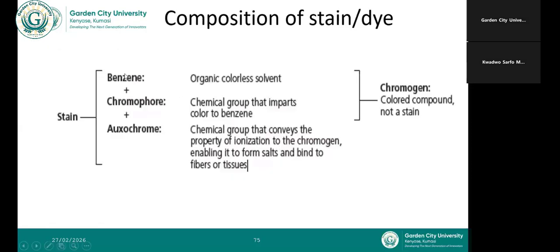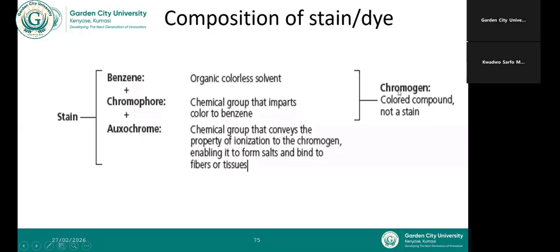So the biological stain has the benzene in the organic solvent, which is always colorless. And then the chromophore, which gives the organic solvent its color. So the organic solvent, which contains the benzene ring plus the chromophore, is referred to as chromogen.